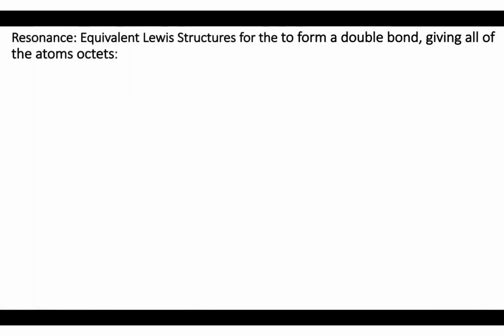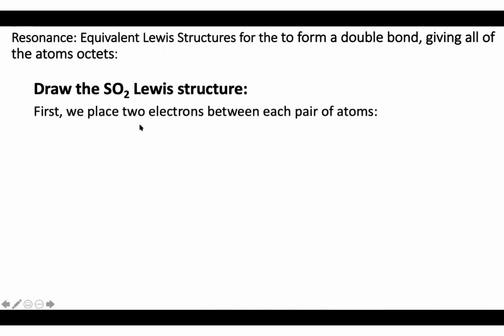So what is resonance? That's the last topic that I'm gonna talk about. In resonance, I want you to first draw the Lewis structure for SO2. So we first make sure to find the total valence electrons.